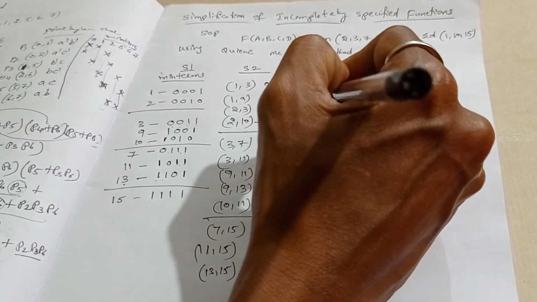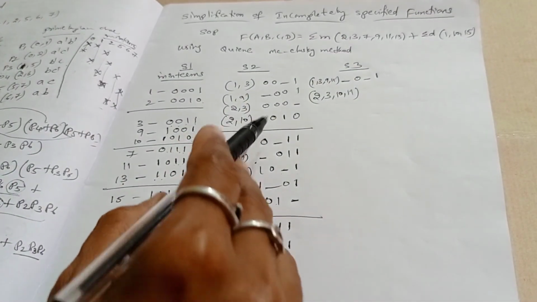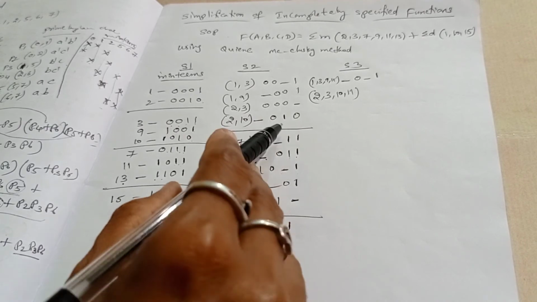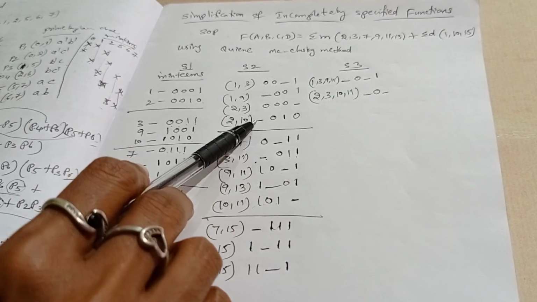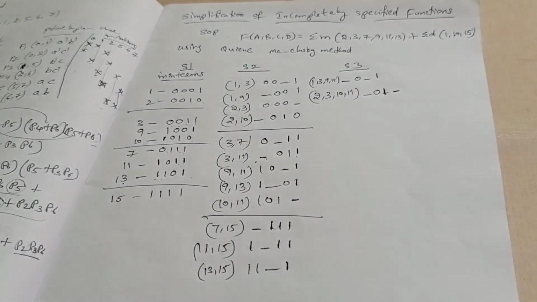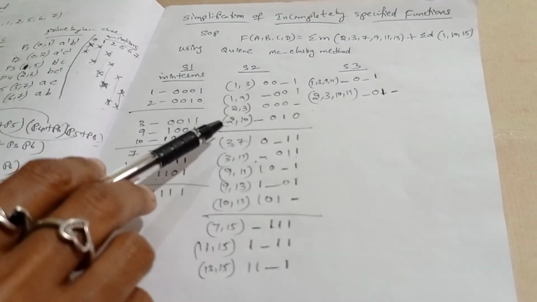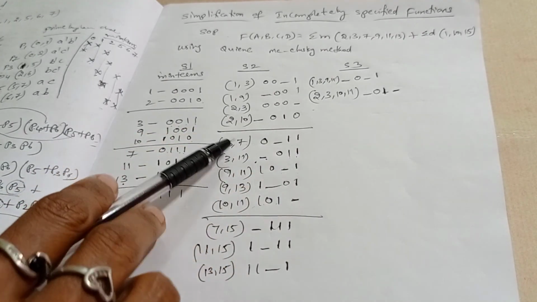That means 2 3 10 11, that is -01-. Next 2 10, that is starting. Completed. So this comparison is completed.